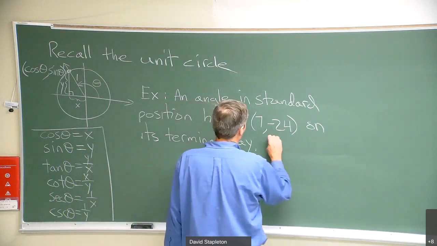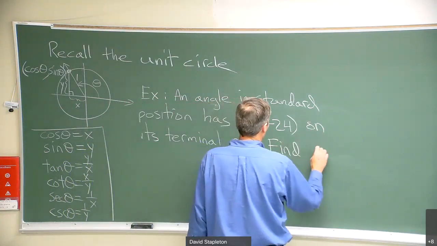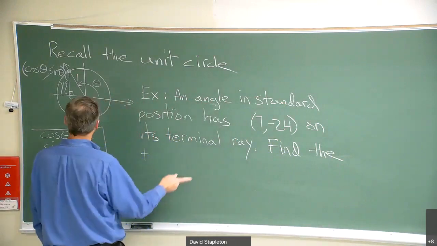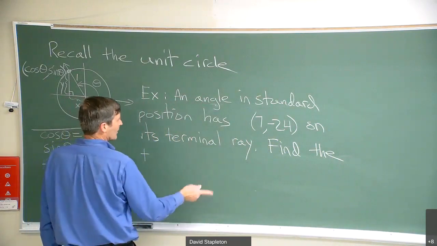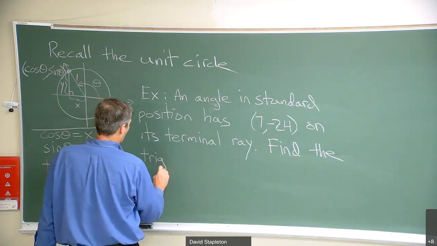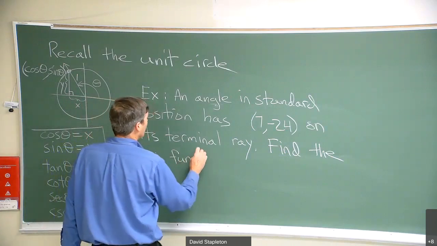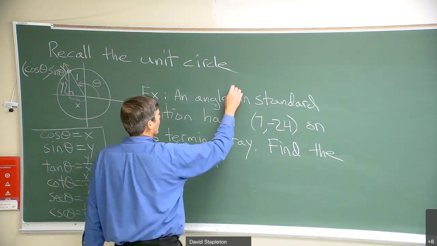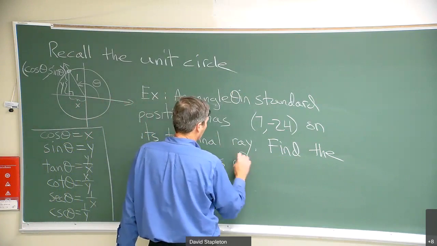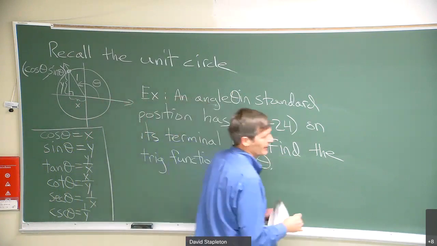Suppose we want to find all 6 trig functions of the angle that goes to that terminal ray. We can call that angle theta, let's say, and say find the trig functions of theta.